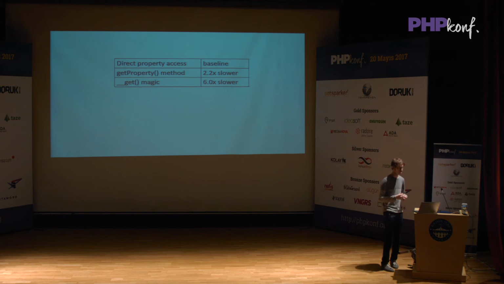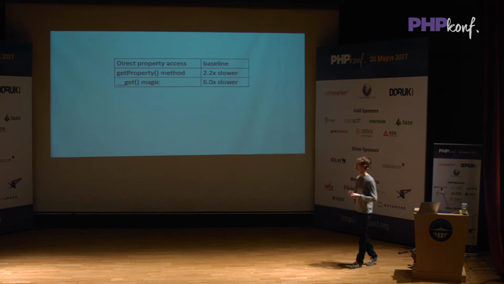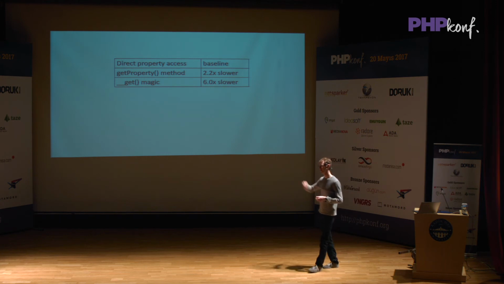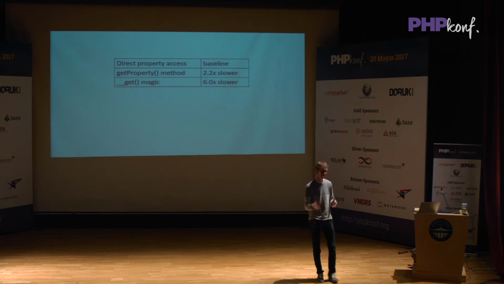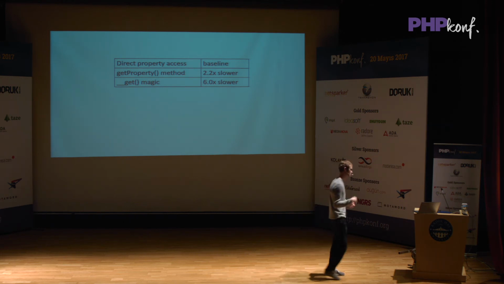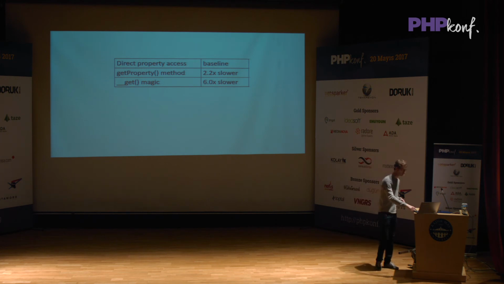So that may seem kind of weird, because I mean, a method call and a magic method call are basically the same. Actually, a magic method call is something more specific, so one could think that it will be faster, but that's not the case. And there are a couple of reasons for that.